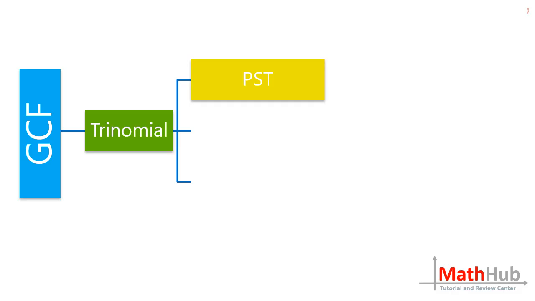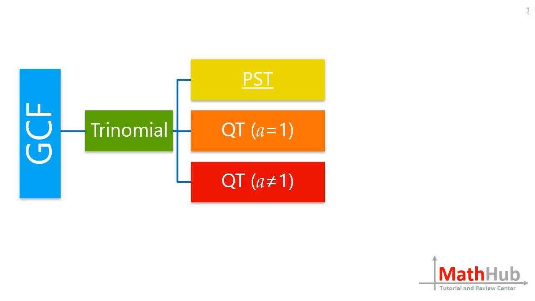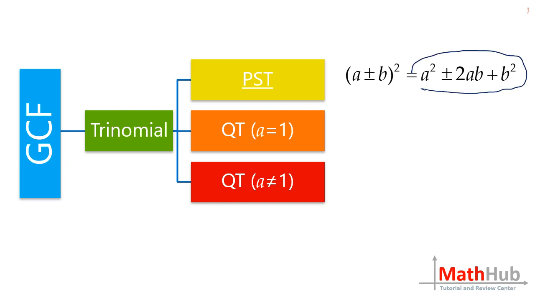Let's now proceed with a trinomial. Let's check whether it is a PST, quadratic trinomial with a equal to 1, or quadratic trinomial with a not equal to 1. If you have a PST, it looks like this. What is this saying? The first and the last terms are perfect squares.